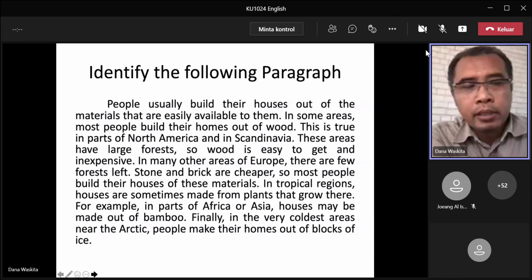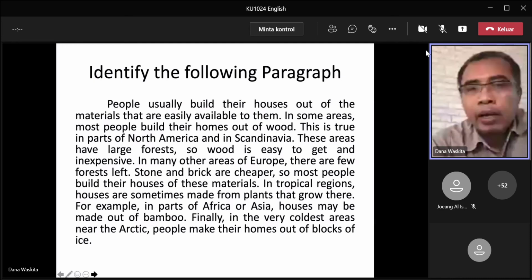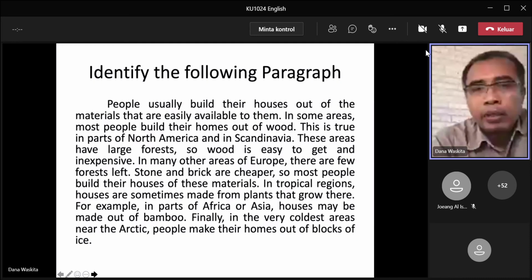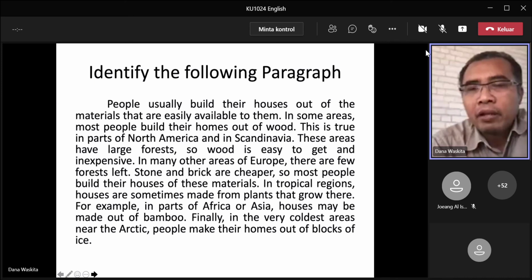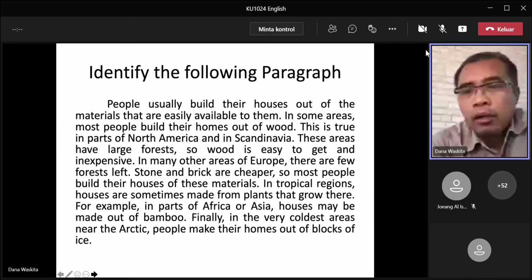From that, we can learn what is the main idea. Read it first for this paragraph and find which one is the topic sentence, can you find the concluding sentence here, and what do you think the main idea of this paragraph is?